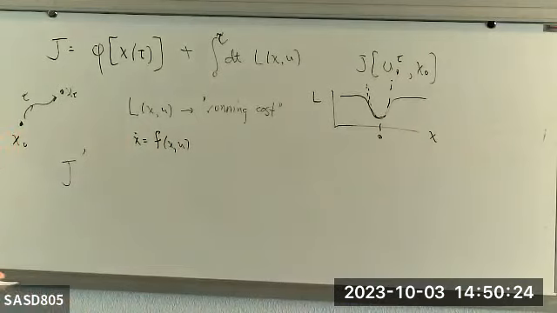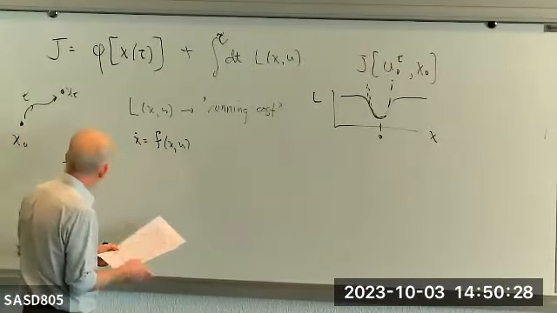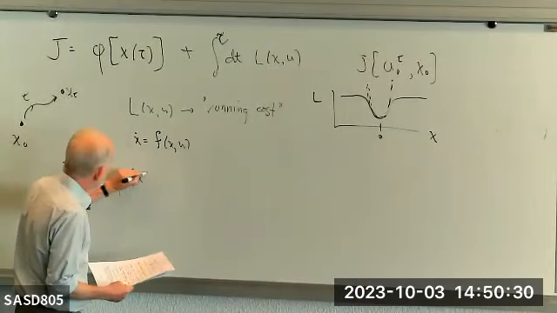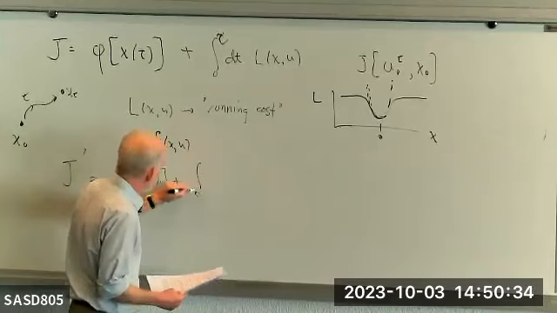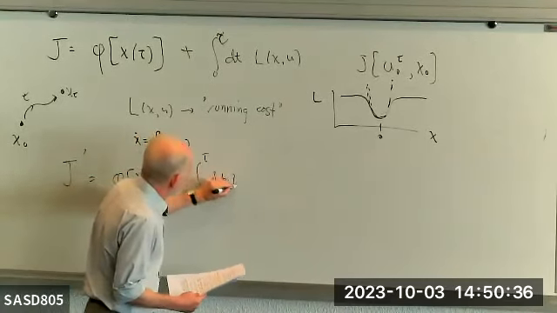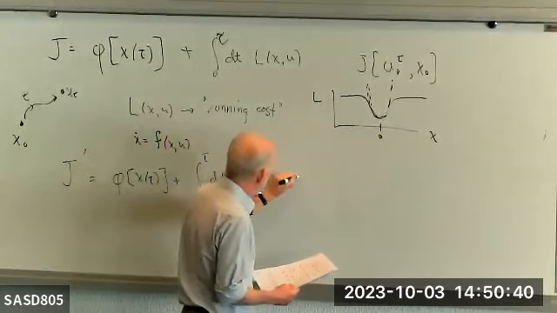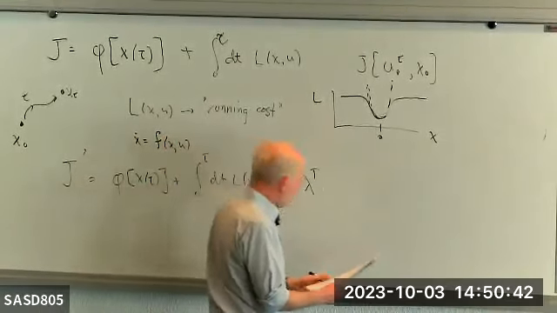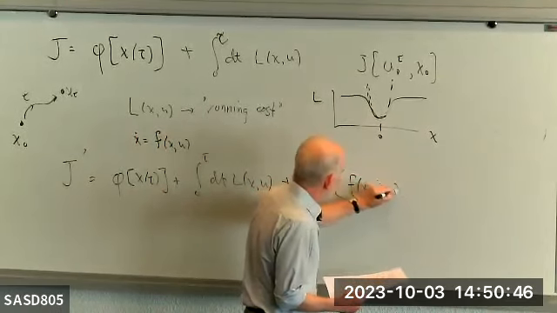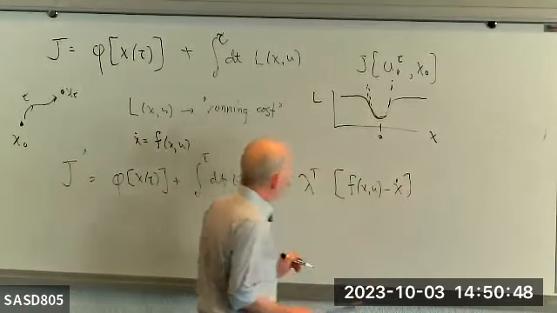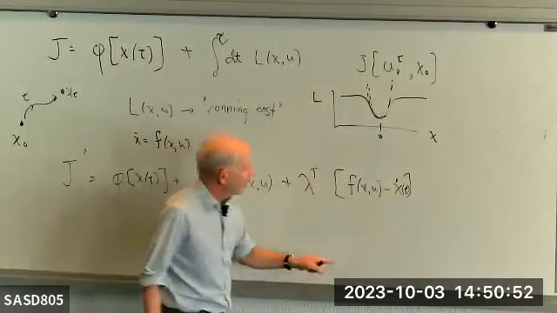I'll call it maybe J prime, so it's an augmented cost, and it's going to be phi of X of tau plus our integral over the running cost plus an integral over a Lagrange multiplier, and I'll write it like this. So this constraint has to be enforced at every time.